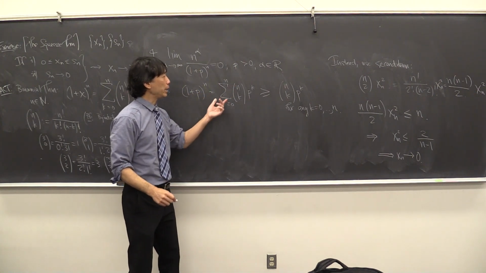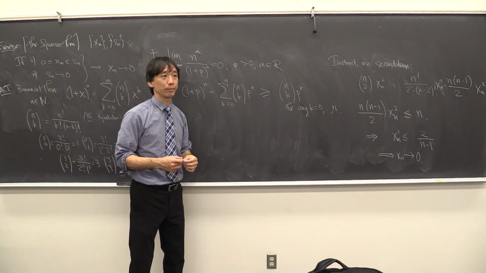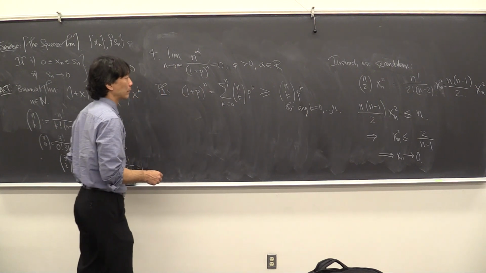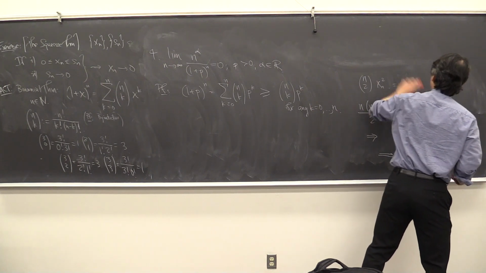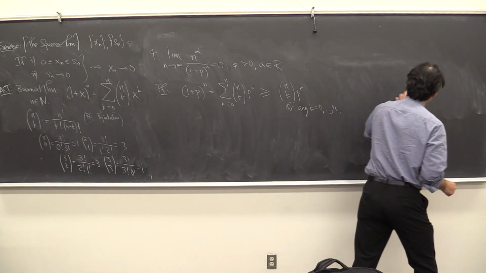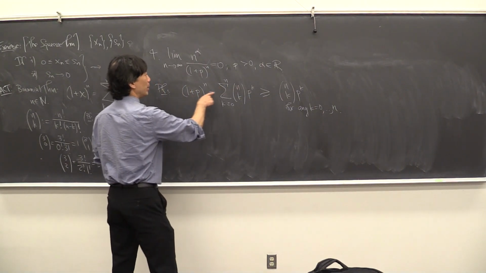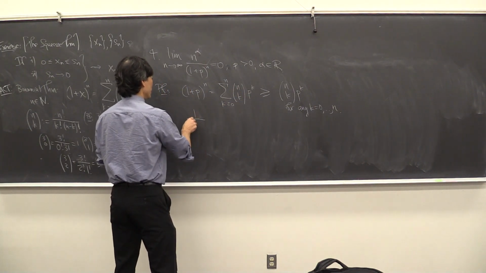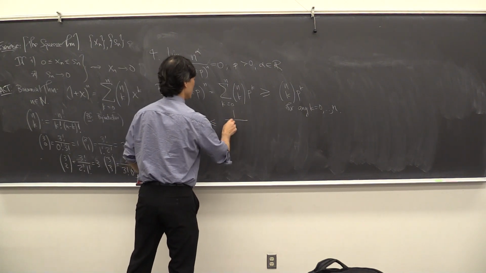So if we take any one of those terms, this is certainly true. Now, this being bigger than that means that, of course, the reciprocal is smaller than the reciprocal.